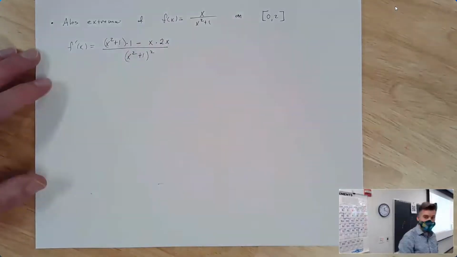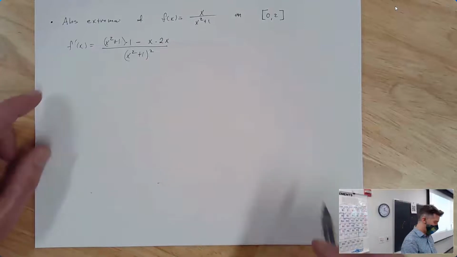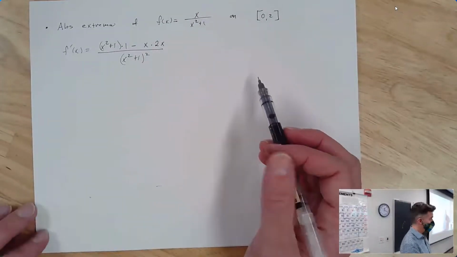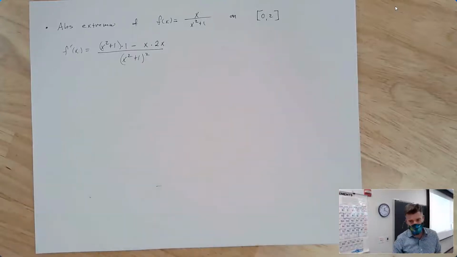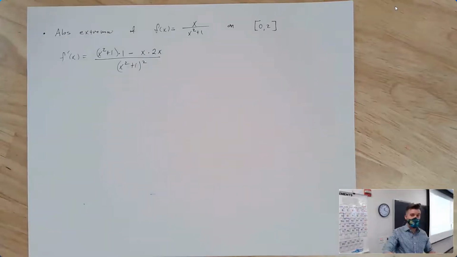And now we are in the situation where we really do need to simplify these things, because we're trying to set it equal to 0. And somebody asked, what if they did not give you an interval to check for first? If they don't give you an interval, they're probably not asking about absolute extrema. Not that you can't talk about the absolute extrema of a function on the entire real number line, but typically if they're saying something about just a function, they're usually asking you to find the relative or local maxes and mins, which we're hopefully going to get to today.